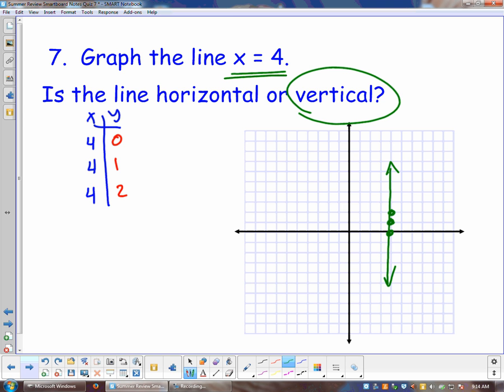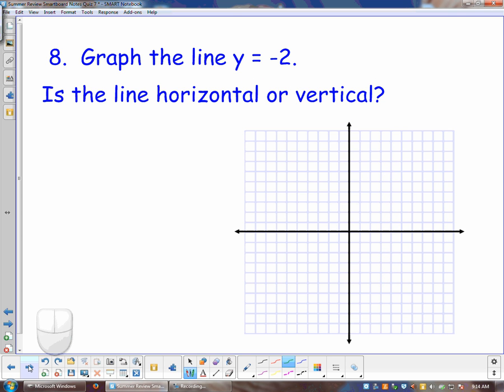x equals a number is always vertical, but if you forget that, go ahead and plot some points and graph it. All right, so this is going to be a vertical line. Let's take a look at the next example. Example 8, graph the line y equals negative 2. If you forget whether that's going to be horizontal or vertical, plot some points. This time the y-coordinate has to be negative 2, so I can fill in negative 2's for the y's, and whatever I want, 0, 3, 6, for the x's.